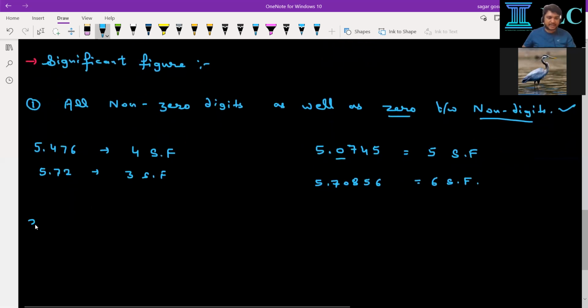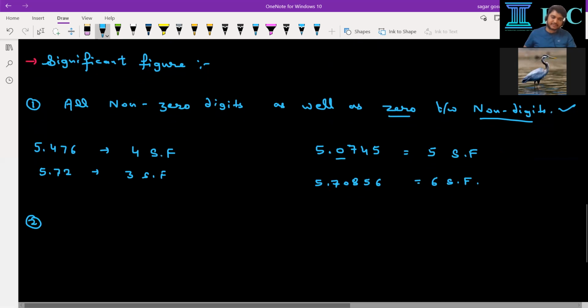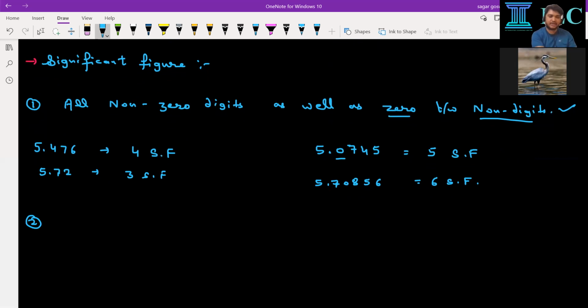Now the second rule: if a zero is present before the first non-zero digit, then it will not be significant. You don't have to consider it. Suppose I'm saying 0.0831. You don't have to take this zero and this zero.